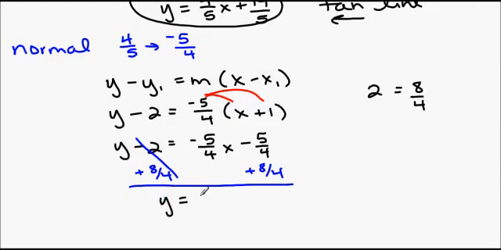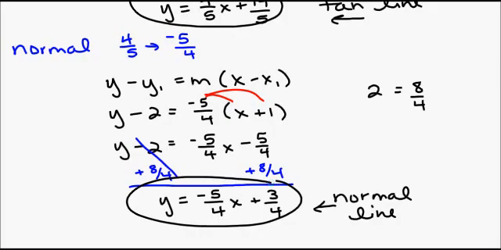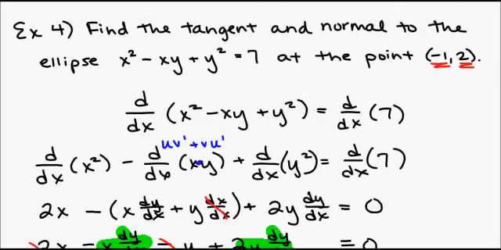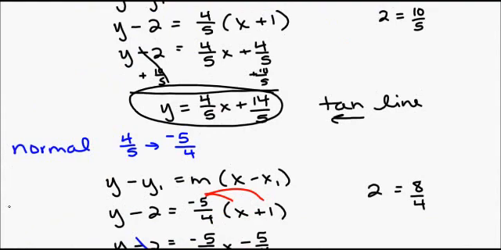And y equals -5/4 x plus 3/4. So this is the equation to the normal line. Okay. And it looks like that is it for 3.7 part 1.